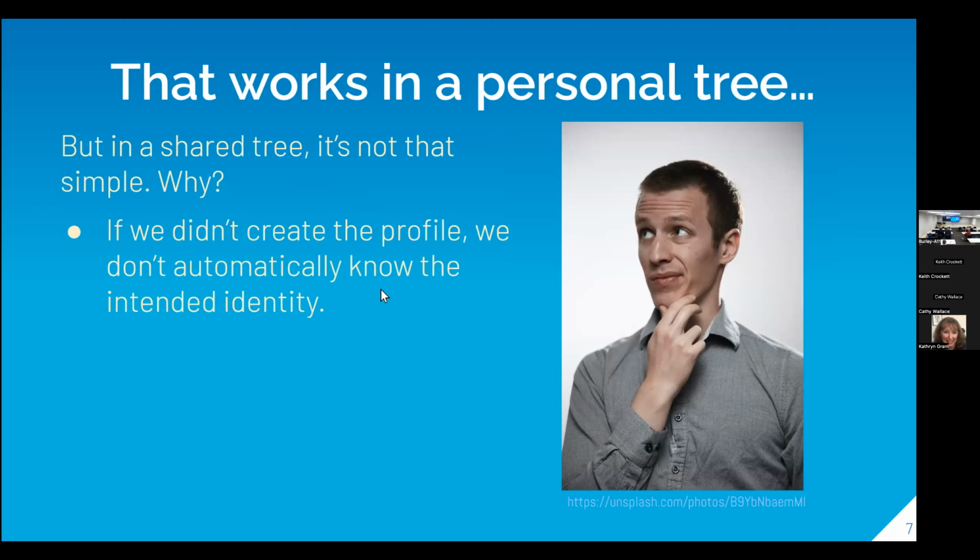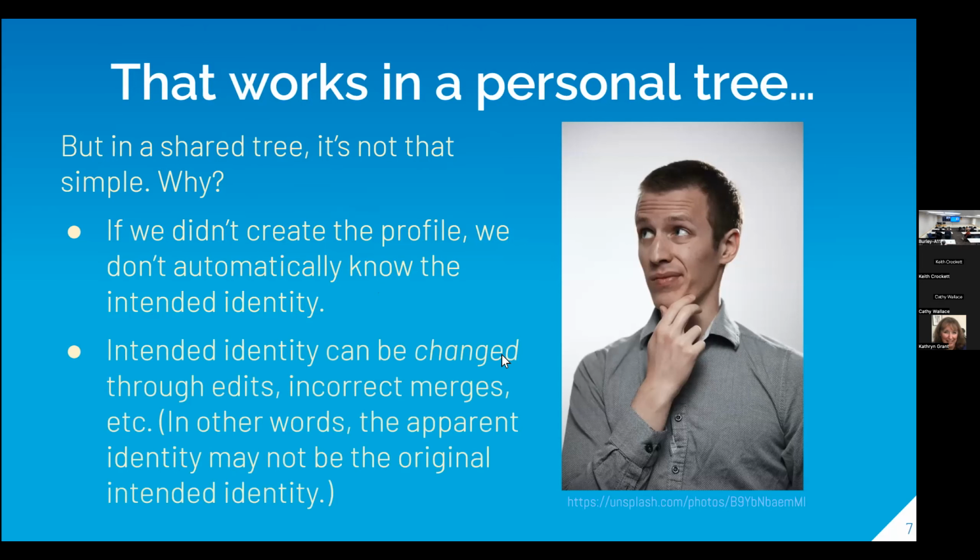One is obviously we don't create every profile in the tree. There's over 1.5 billion names there now. And so obviously many people have contributed those names. So if we didn't create the profile, we don't automatically know who they were intended to be.